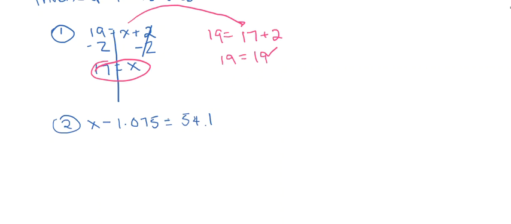Equal sign right here. And now you're checking which side is the variable? The variable is on the left side, and it's saying x minus 1.075. So what's the inverse operation of subtracting? It's addition, so you're adding 1.075 to both sides.